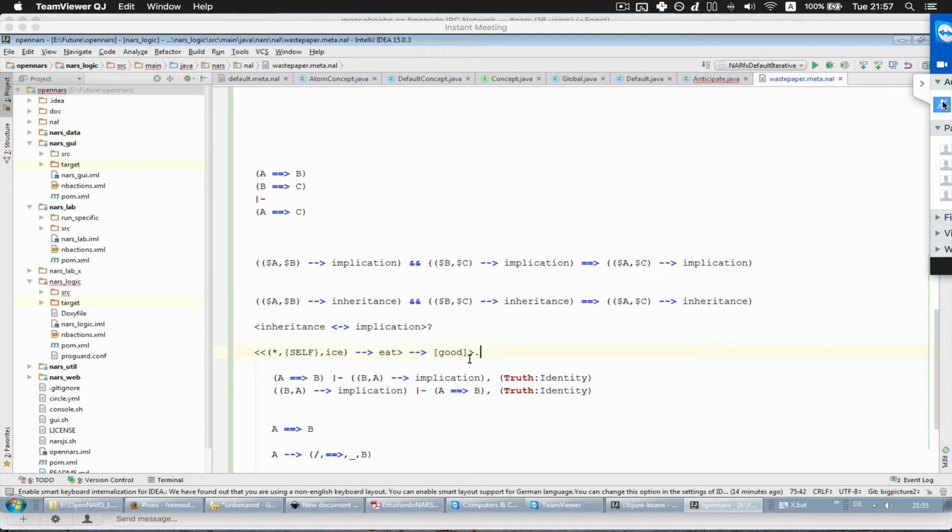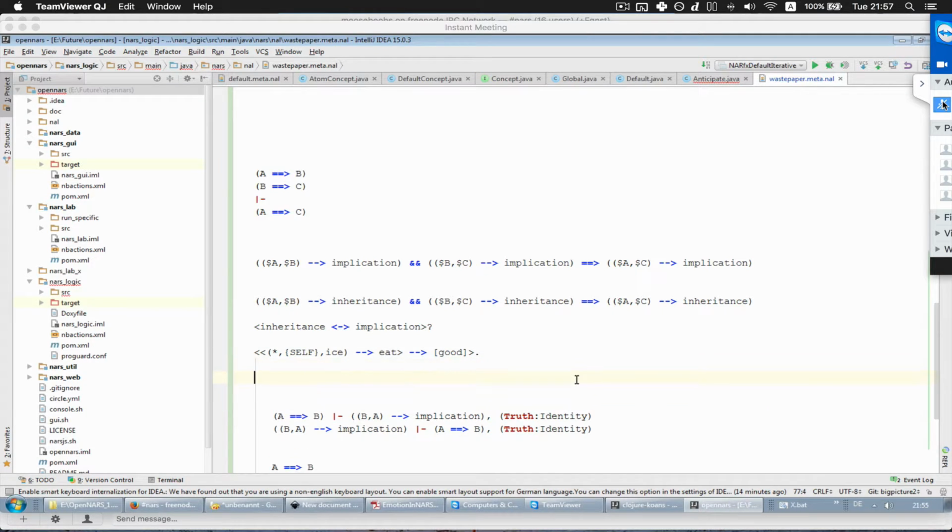This is so easily expressible with term logic, at least with Bayes term logic, where I wouldn't even know how to nicely express this in predicate logic, for example. I mean, I could say, because it really talks about the relation.